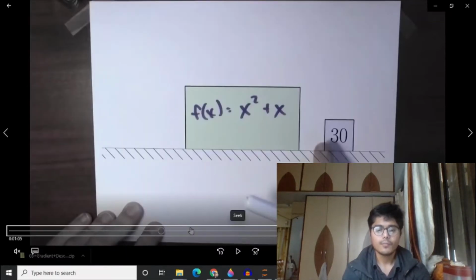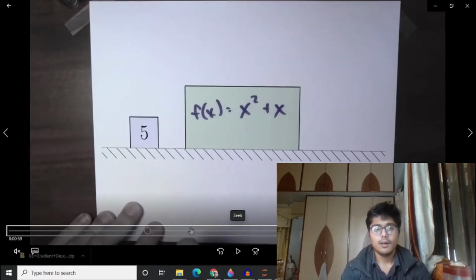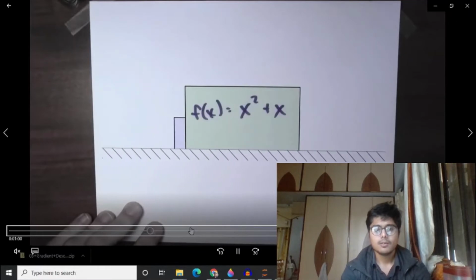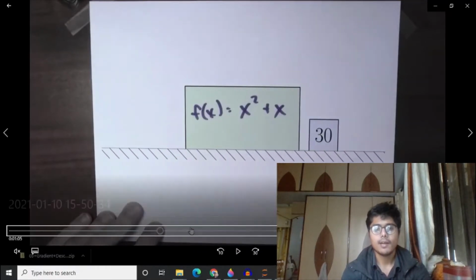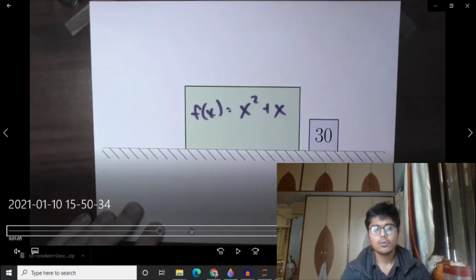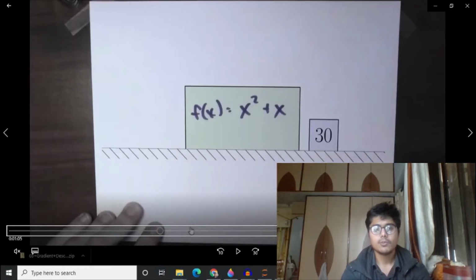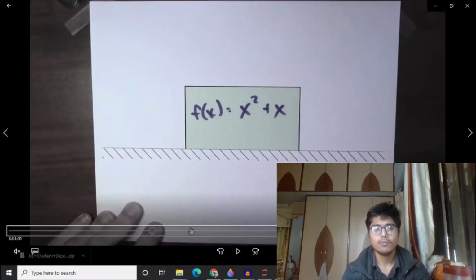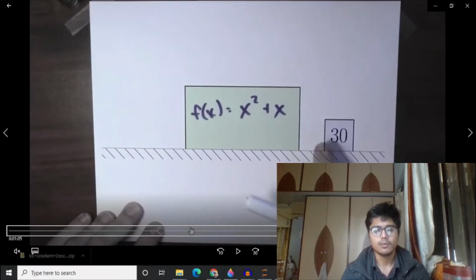So let's watch the video first. You are seeing that 5 is going through a box and appearing as 30. So you can visualize a function as some kind of machine which takes input and produces output.